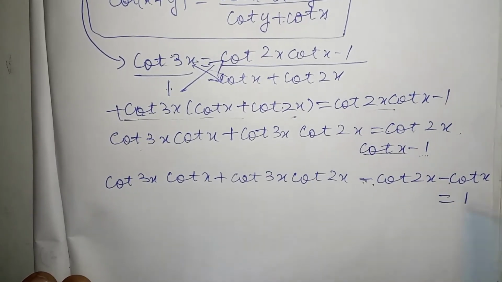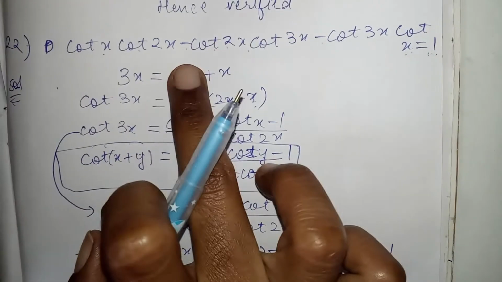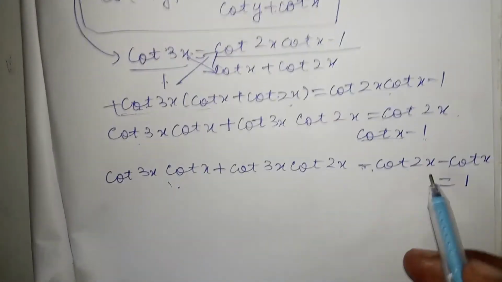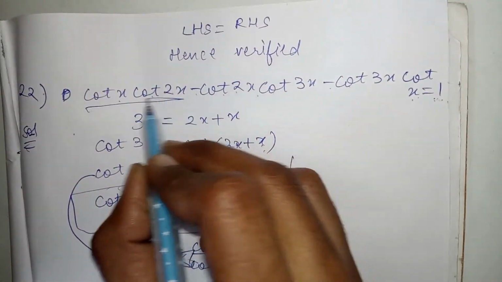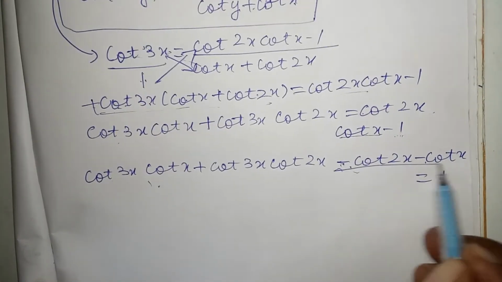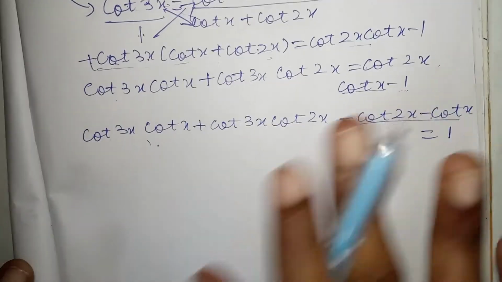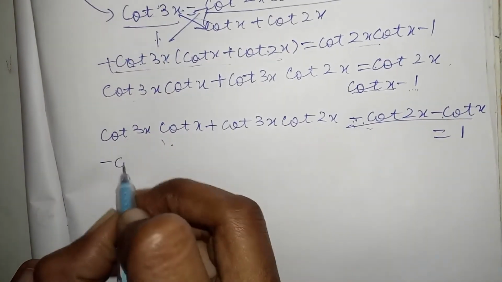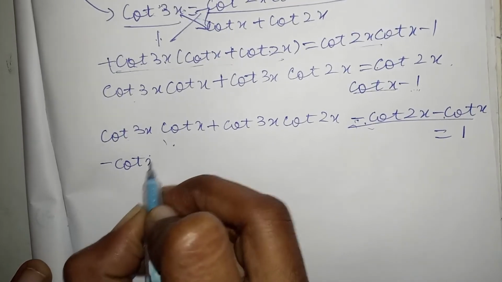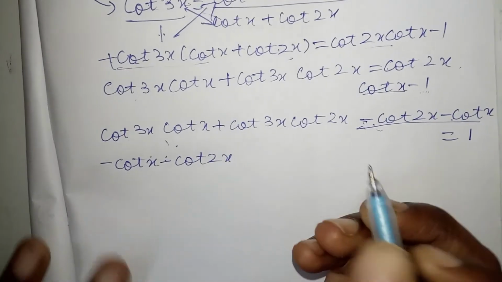That's why the minus has come. Next, in the question, what they have said, we need first cot x and cot 2x. So just focus on cot x and cot 2x, whether it is there or not. So it is there, here it is a plus sign, but here it is minus. First keep it in order: first minus cot x cot 2x.